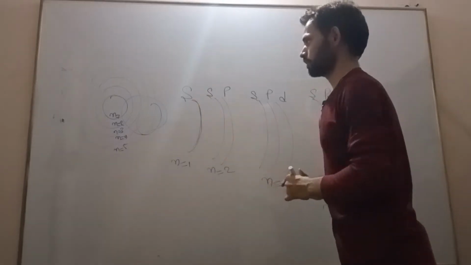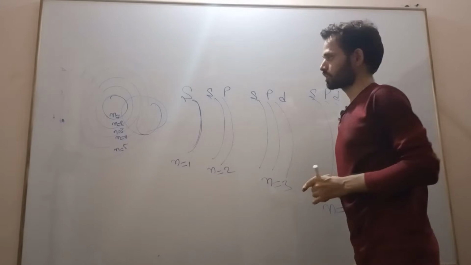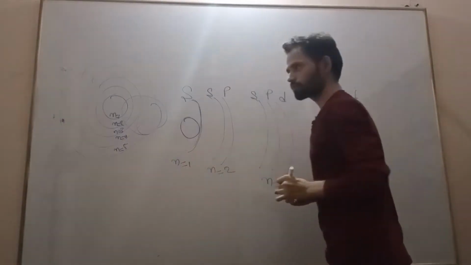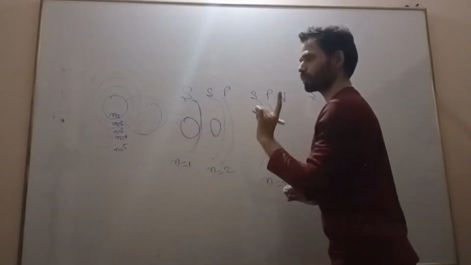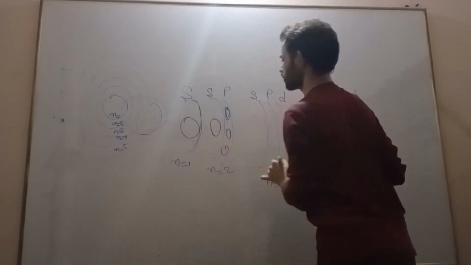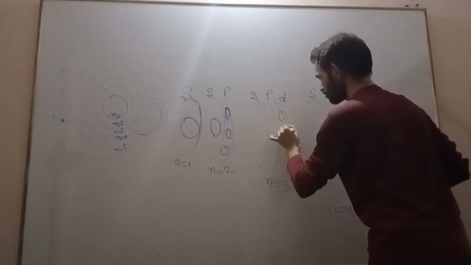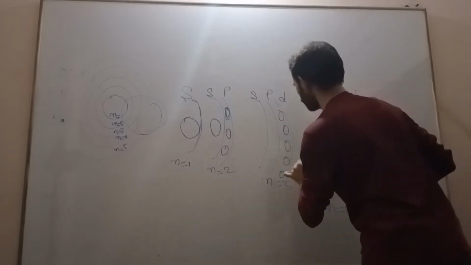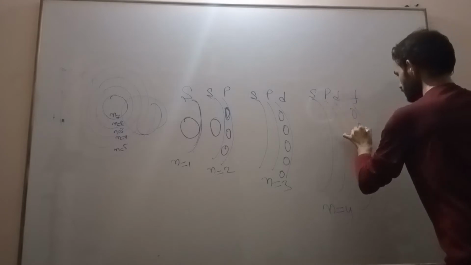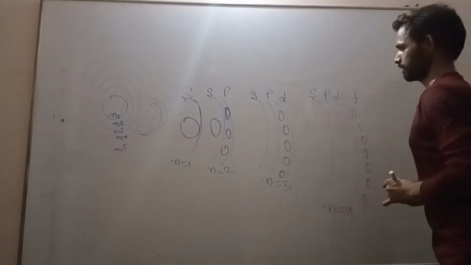In the s subshell there is 1 orbital, in the p subshell there are 3 orbitals, in d there are 5 orbitals, and in f there are 7 orbitals.